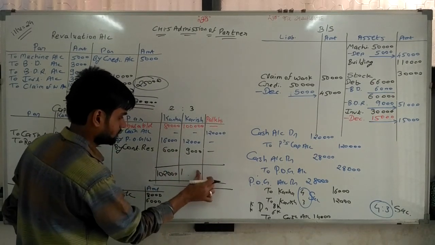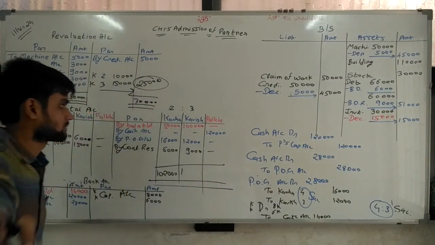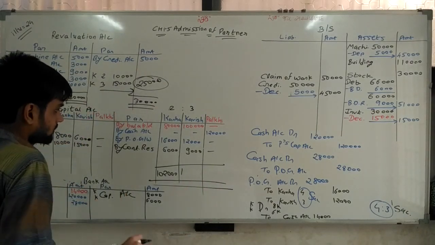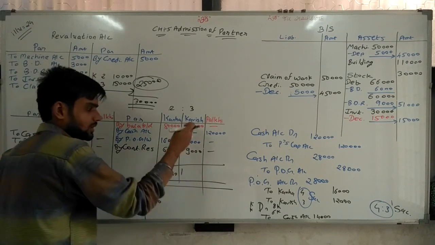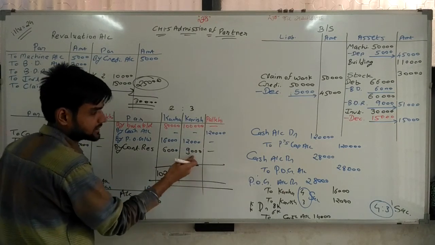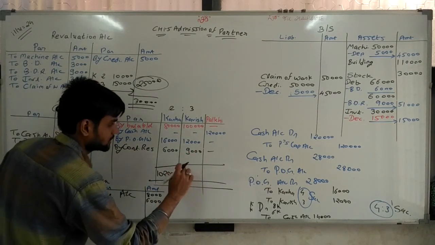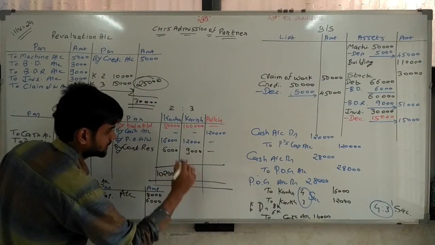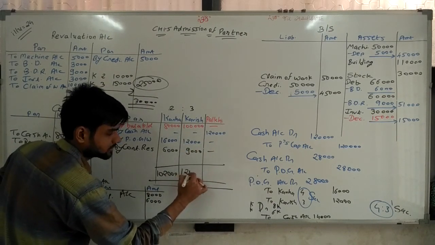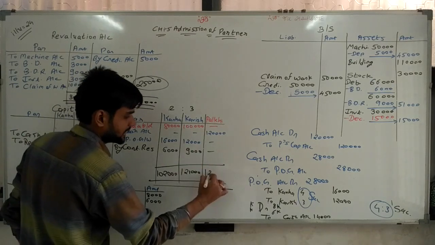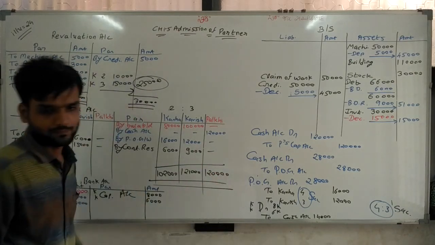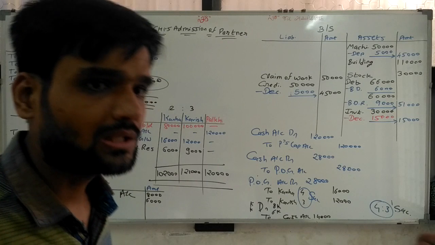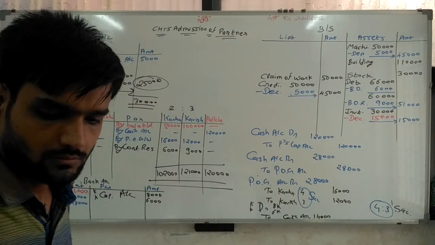1 lakh plus 12,000 plus 9,000. So 1 lakh 21,000. Total of this 1 lakh 20,000. Now going ahead.